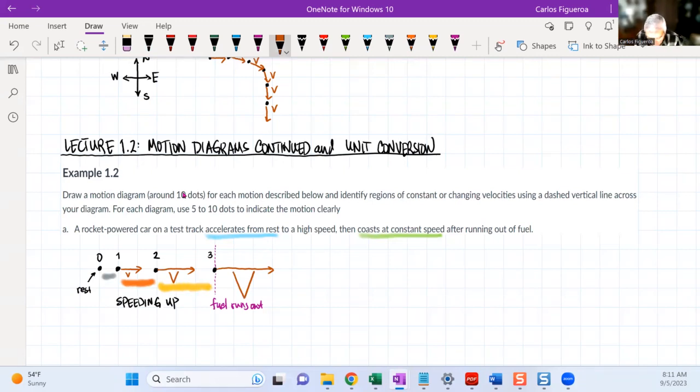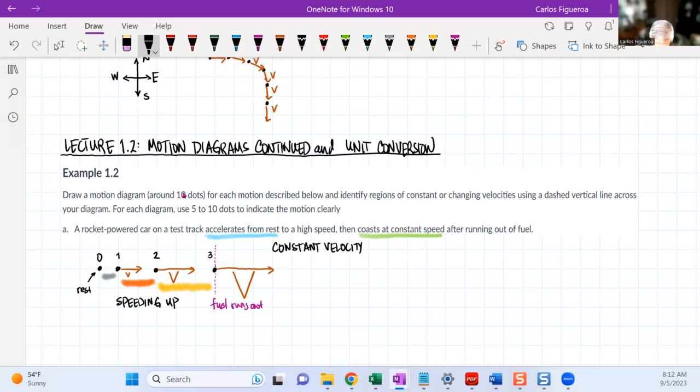Now, because it runs out of fuel, it's now going to move at constant speed. So now I'm going to come in here and say, this is my interval of constant velocity. Why constant velocity? Because it's moving straight. Now, look at the dots here.